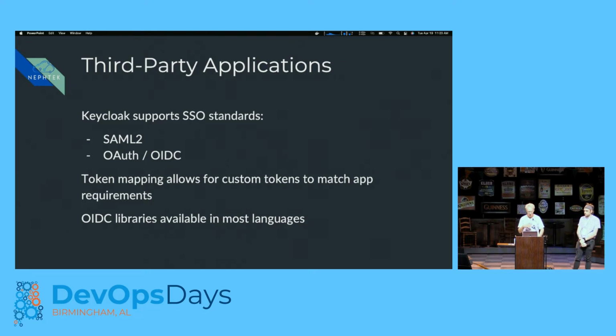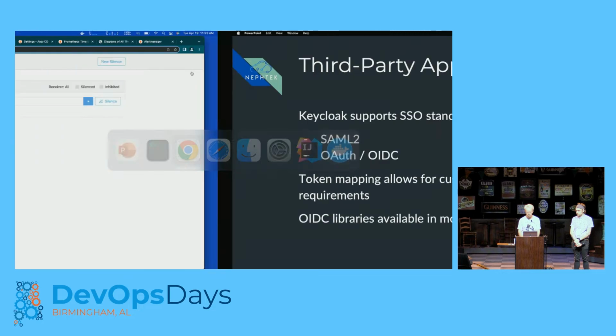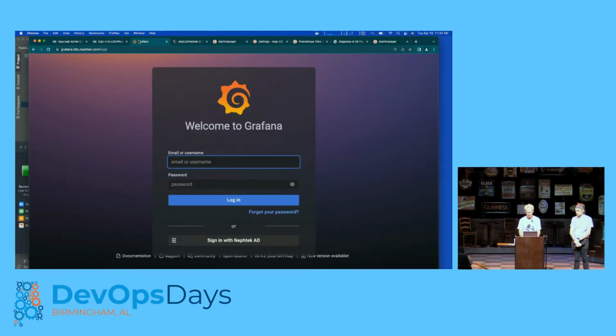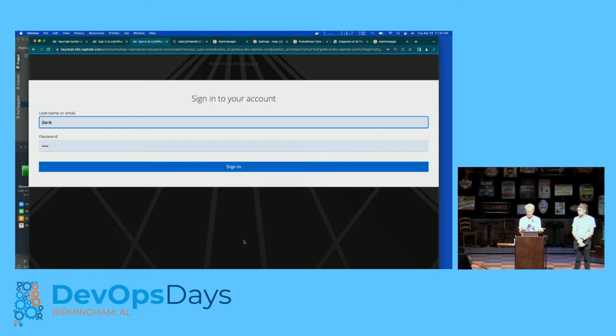So basically, as an example for this, we've already shown you a little bit of Grafana, but just to log in, Grafana's got built-in support, so you can log in with their native user system, or you can sign in with an external authentication provider. In this case, we've set this up to point to our Active Directory. I click on this, and I'm presented with the authentication screen.